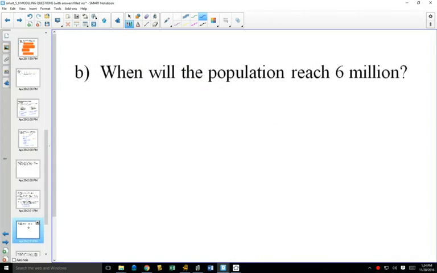When will the population reach 6 million? So again, we've got our formula. Now we're going to be trying to solve for t, for time. Are you okay if I start with that instead of writing all the zeros?